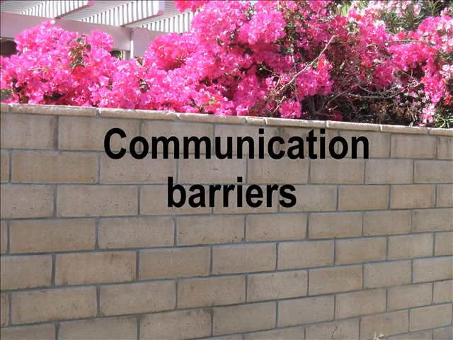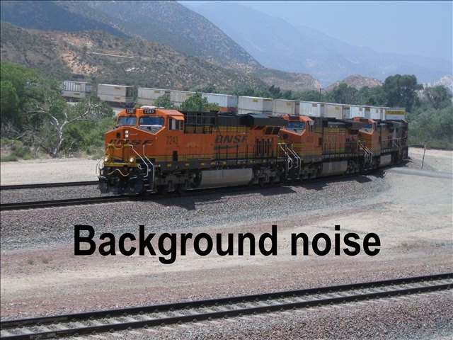Communication between caregivers is difficult due to many barriers. For example, nurses are trained to be very descriptive and detailed. On the other hand, doctors are trained to be brief and to the point. A lack of reporting structure leads to missing essential aspects of the message. Background noise increases stress.